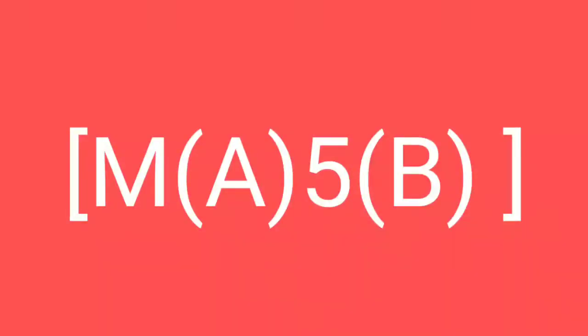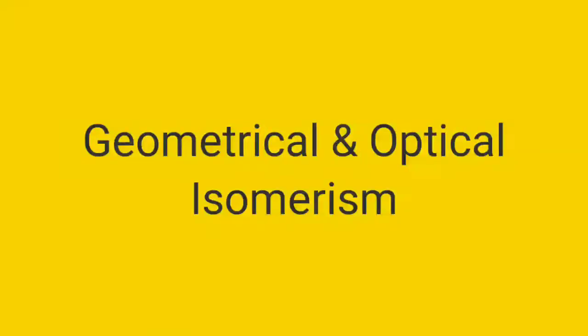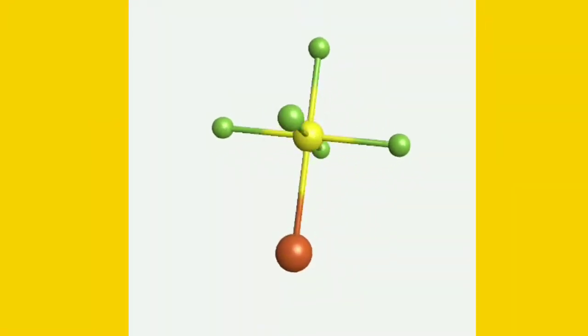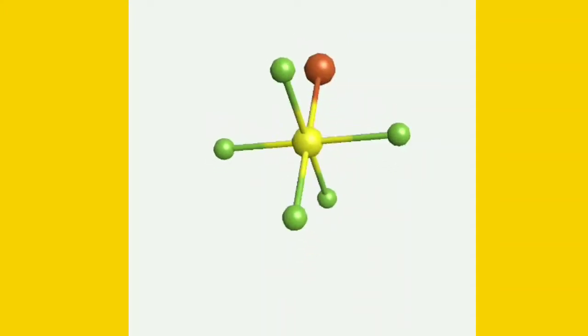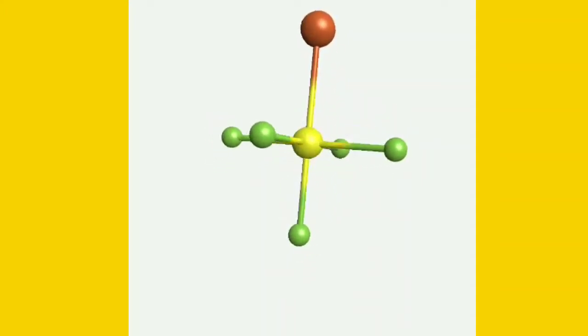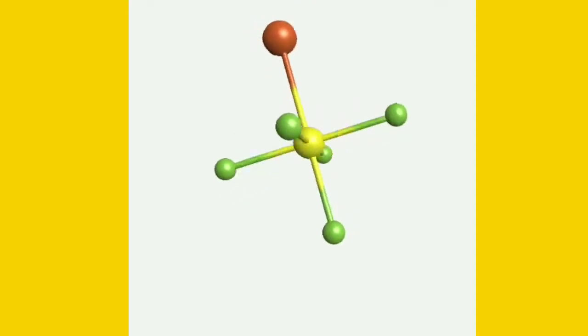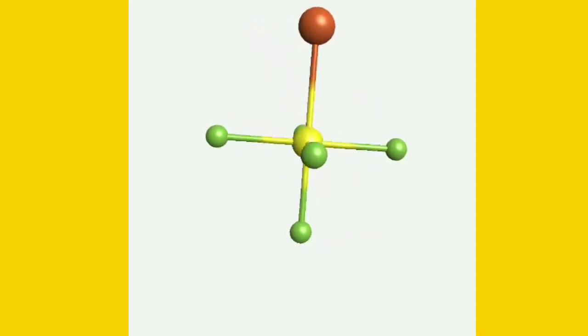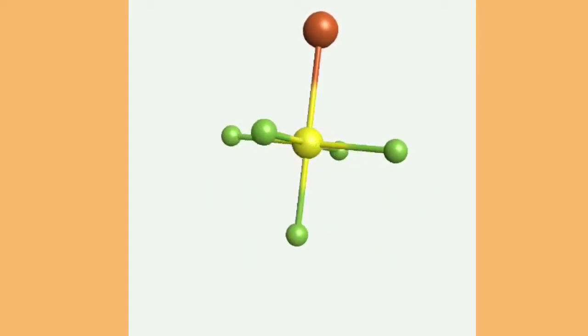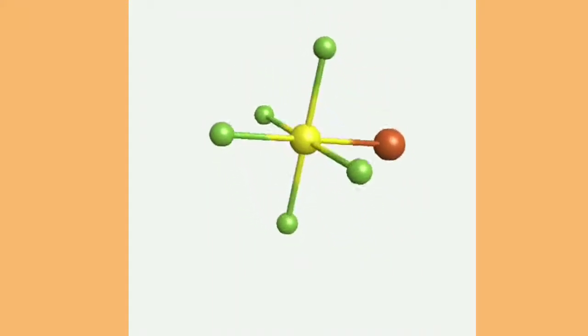The next example is Ma5B. Here one A is replaced by B, so we will check the angle with the others. Can it show geometrical as well as optical isomerism? No, it cannot, because if you replace the B atom by any A, you will get the same configuration, and it has symmetry elements also. We will check each symmetry element one by one.